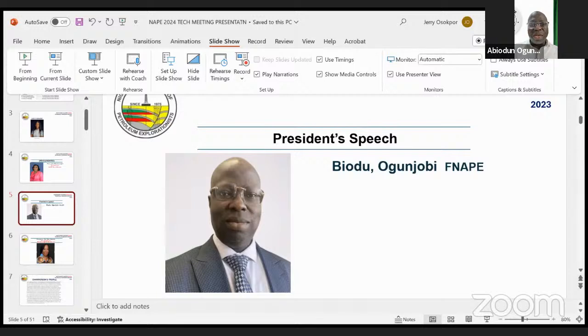We create opportunity for us to share ideas, best practices, collaborate with one another, and also network. It's very key for us to connect with one another, especially in the area of professional development. So this is another opportunity for us to hear from an expert on some of the things that we need to know to support the business of oil and gas exploration.